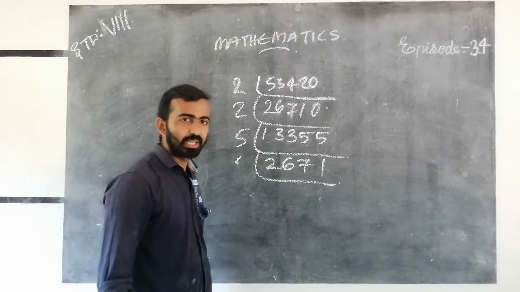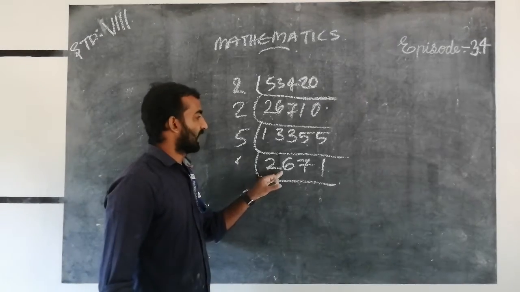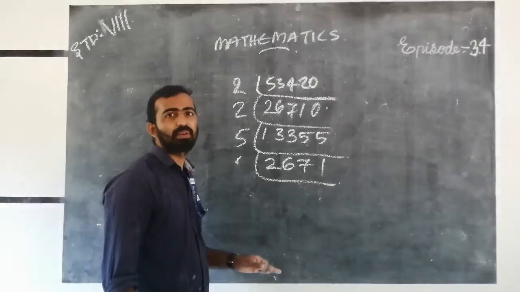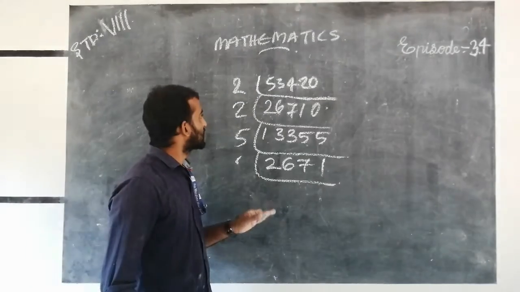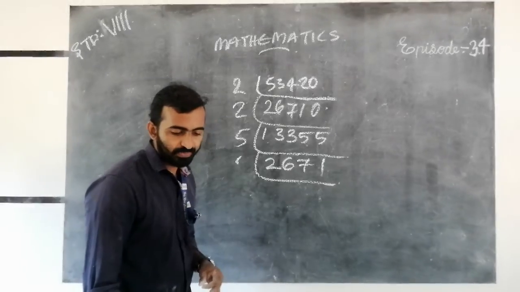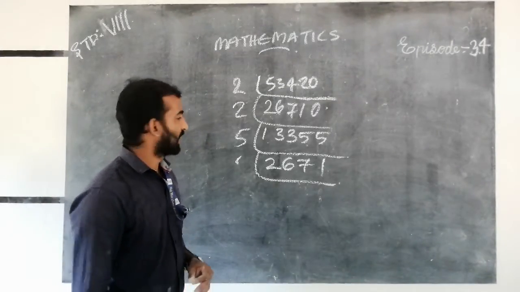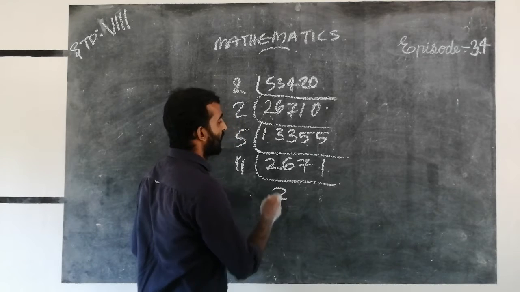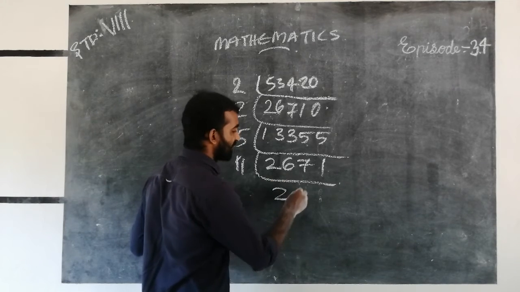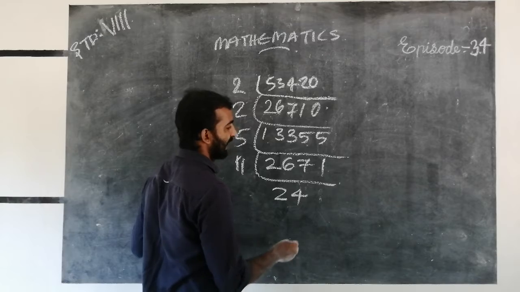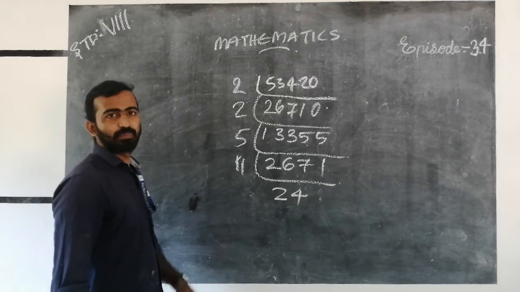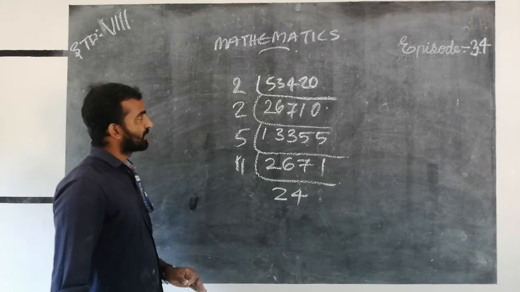Is it possible 3? No. 7? No. Next, what can we take here? 11. That is 2 and 47, we get 431. Is it? No, there is some mistake.